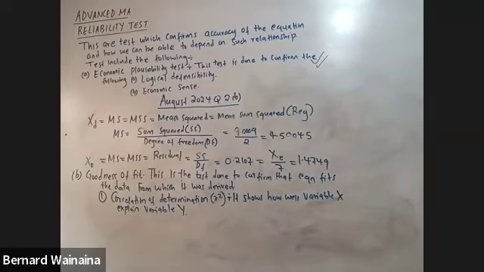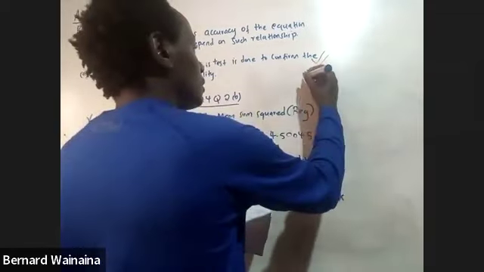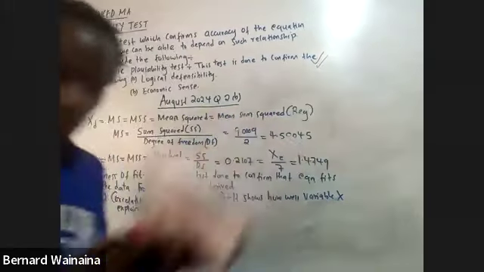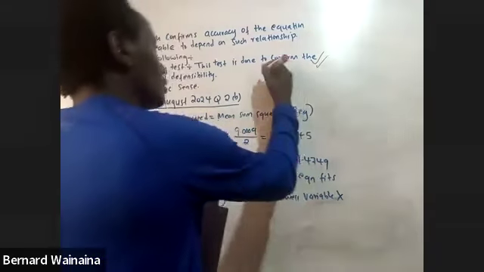Now this is the formula for R squared. This is how you get R squared.